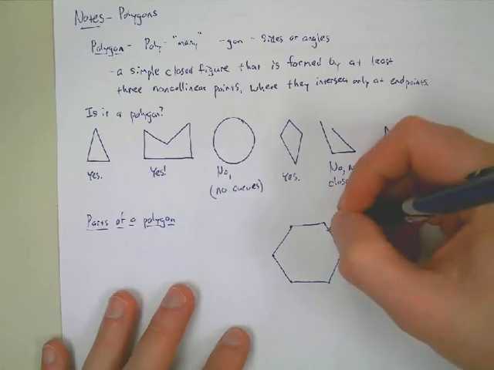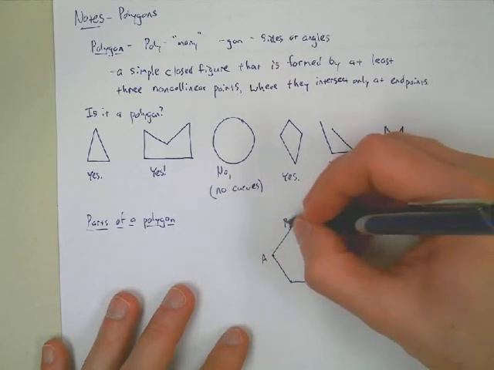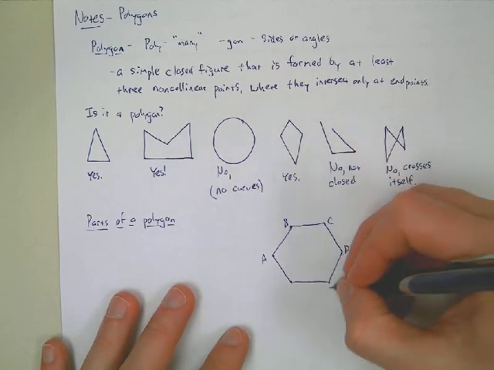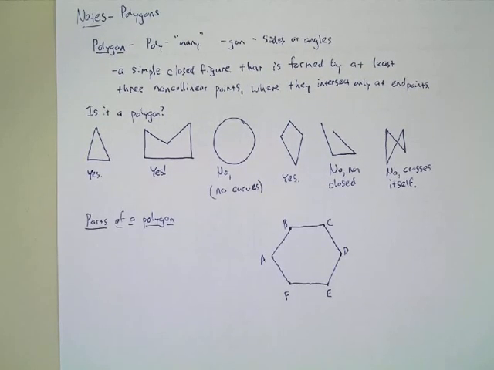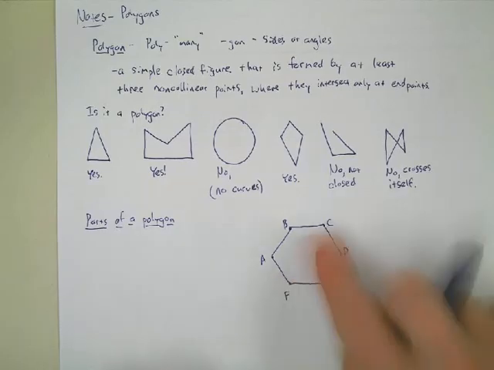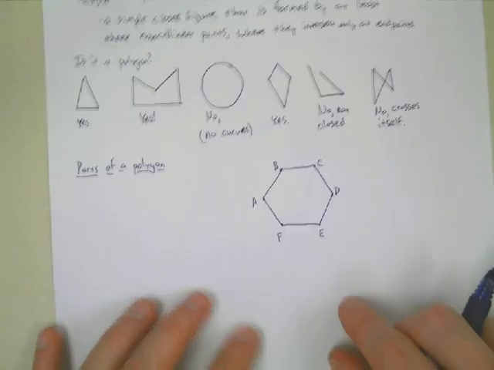And let's name some of these points here: A, B, C, D, E, F. So we have a polygon over here, and I've named it using letters.